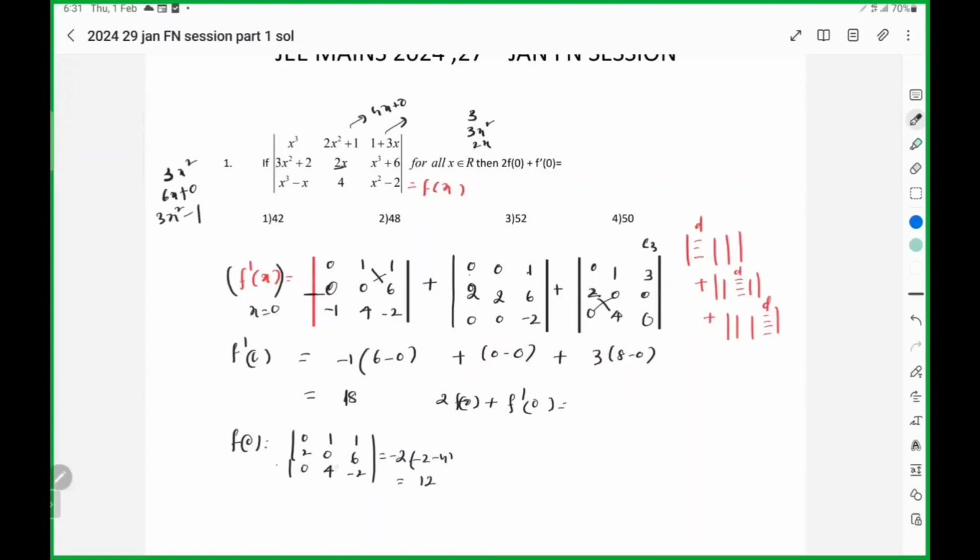So here it is 1 into minus 4. Minus 1 into minus 4 also there. 1 into, I evaluated with respect to the first column, right? Here minus 2 into minus 2.